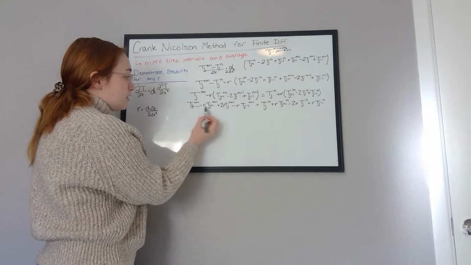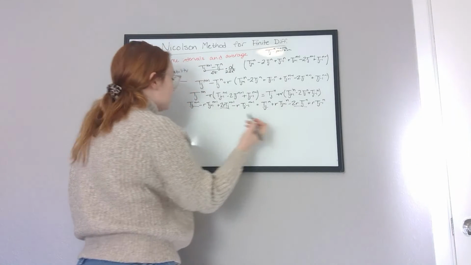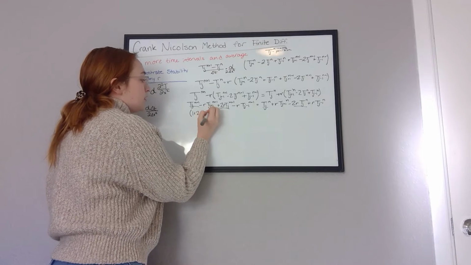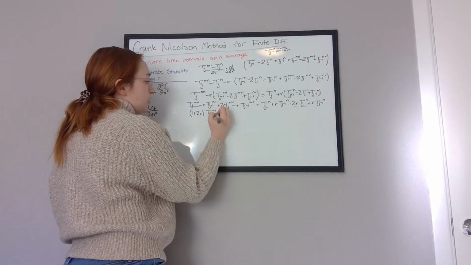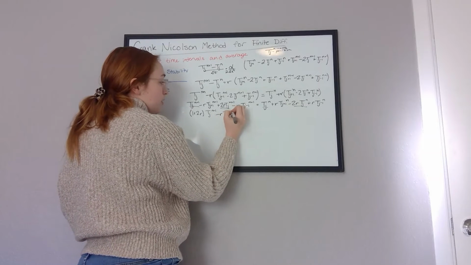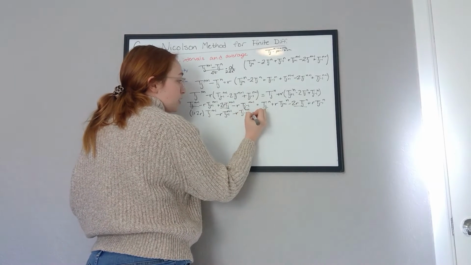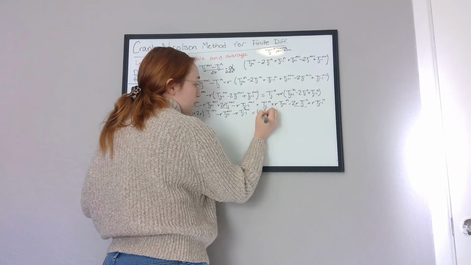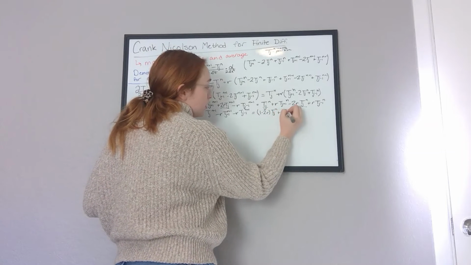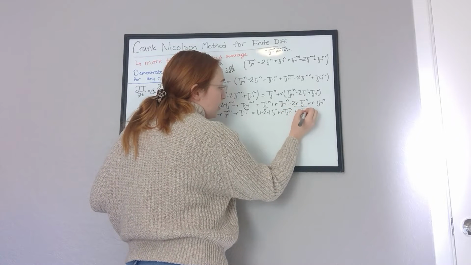So the T_j terms combine, and we can write that as (1 plus 2r) T_j^(n+1) minus r T_(j+1)^(n+1) minus r T_(j-1)^(n+1) is equal to (1 minus 2r) T_j^n plus r T_(j+1)^n plus r T_(j-1)^n.